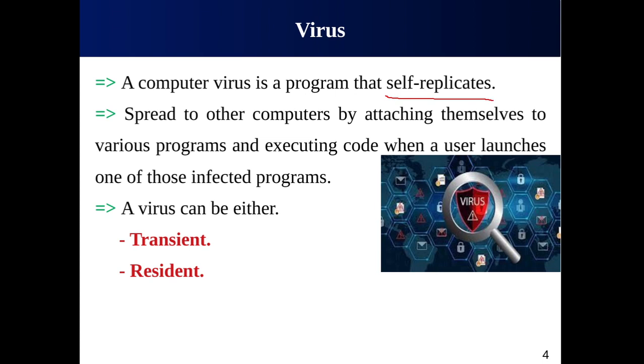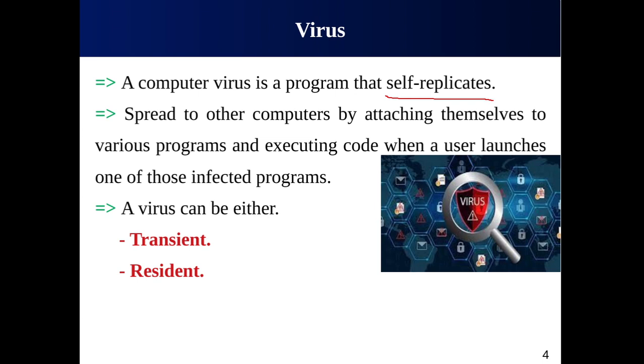It acts like a biological virus. It infects other healthy computers and healthy programs by attaching itself to the program. In basic terminology, a virus is a program that can replicate itself and pass on malicious code to other non-malicious or healthy programs by modifying them.